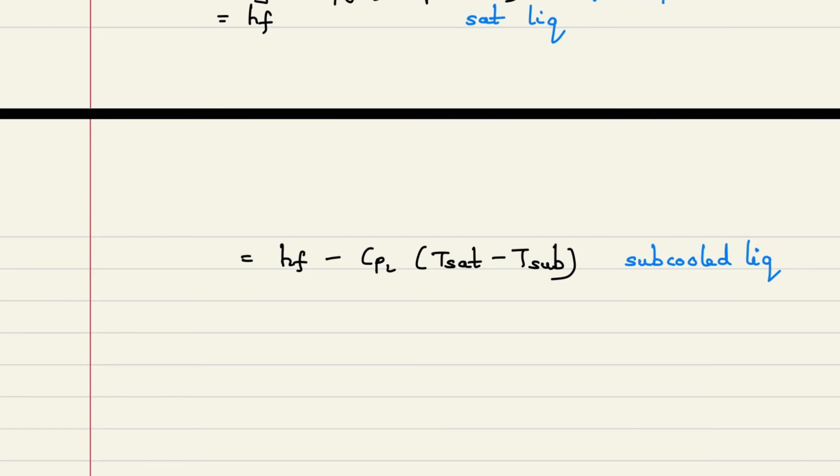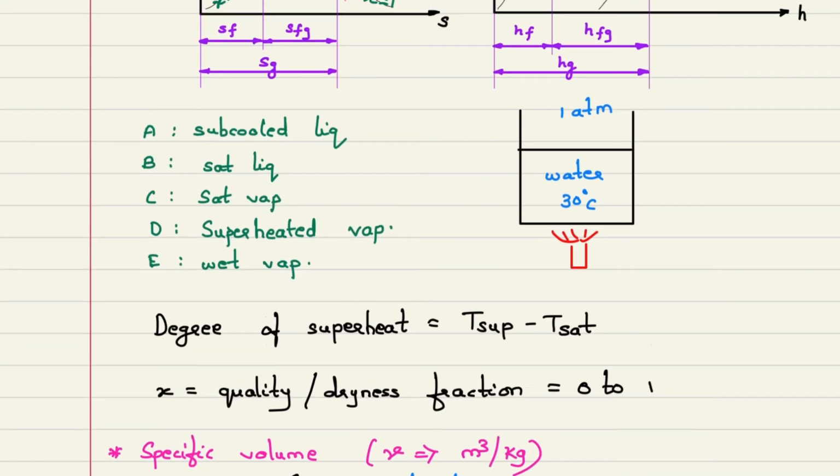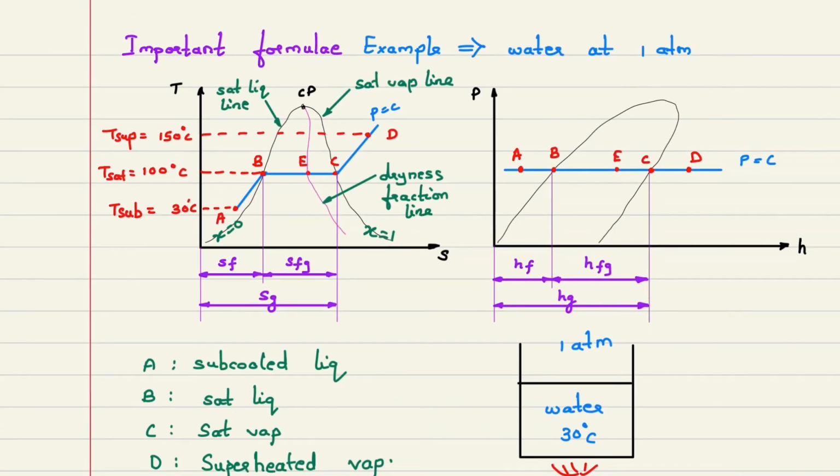Be careful when you are using the equation. When you are writing the enthalpy of superheated, it will be Hg plus Cp of vapor into T sup minus Tsat. And when you are writing the enthalpy of point A, it will be HF minus Cp of liquid into Tsat minus Tsub.